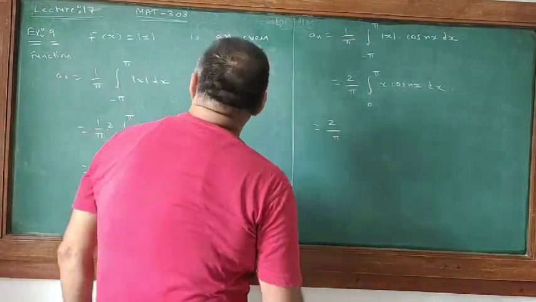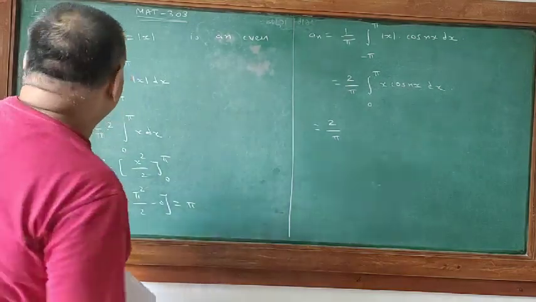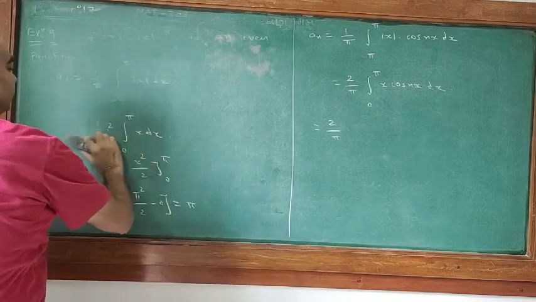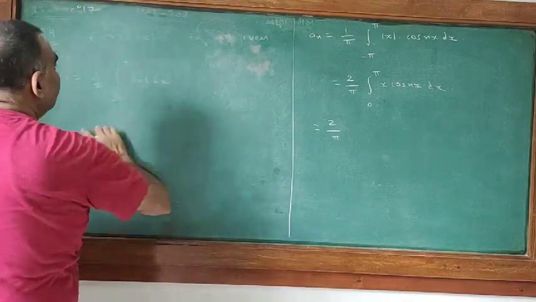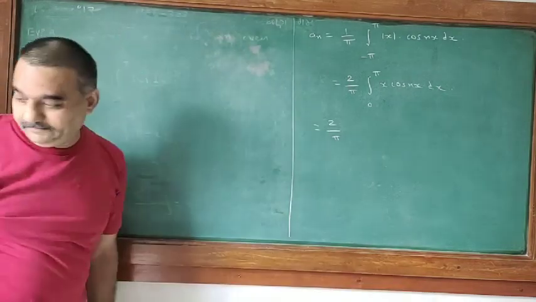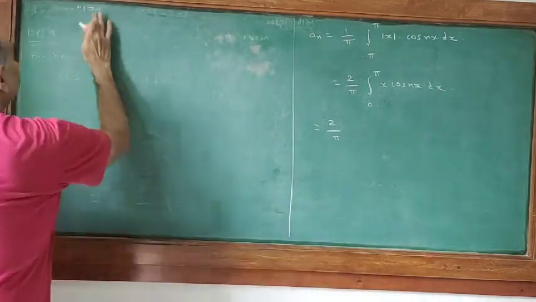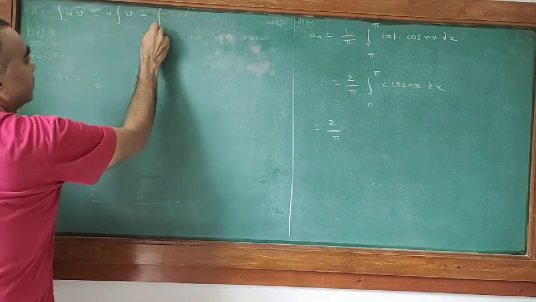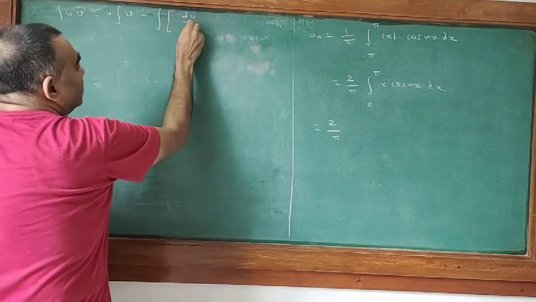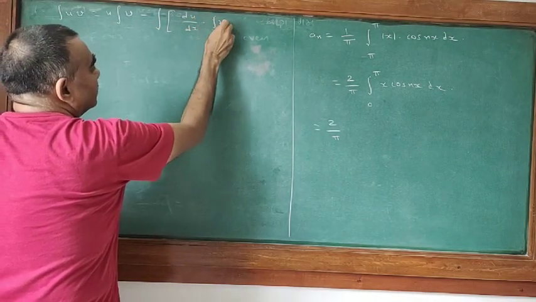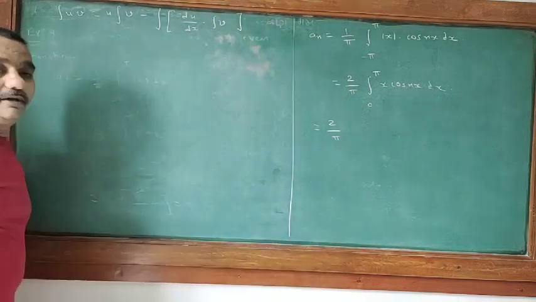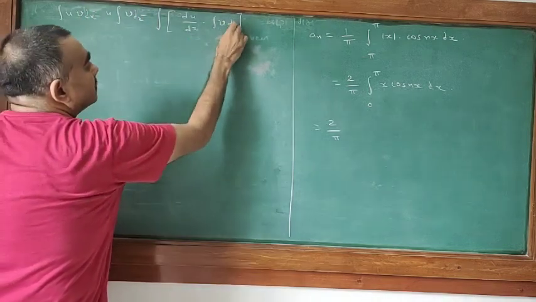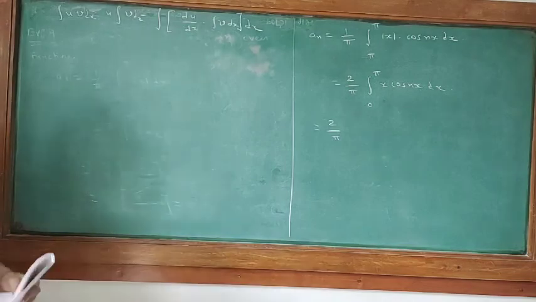Now we are going to use the integration by parts formula, and the formula is: integration of u times integration of v, minus integration of differentiation of u times integration of v, and integration of the whole. You may write dx, it is up to you, but in abbreviation we can write like this.